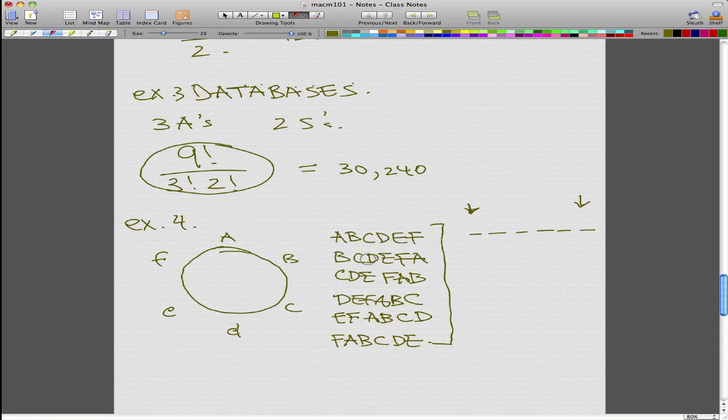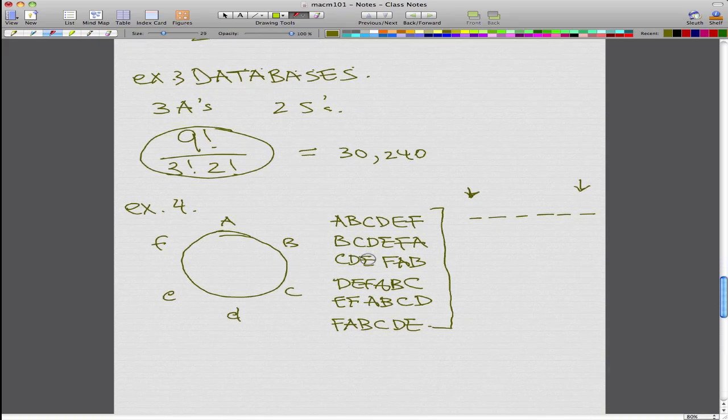So in this case, what you do is take the factorial of all the letters that we have. So 6, 5, 4, 3, 2, 1, which is 6 factorial. And you divide it by the different ways that we have of getting the same sequence.